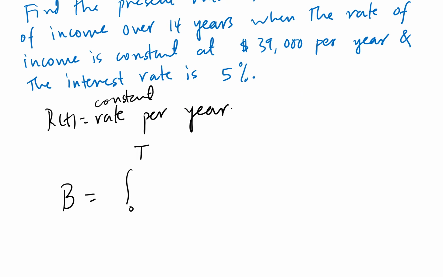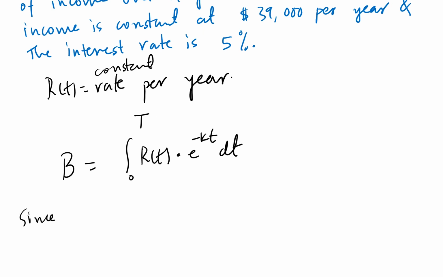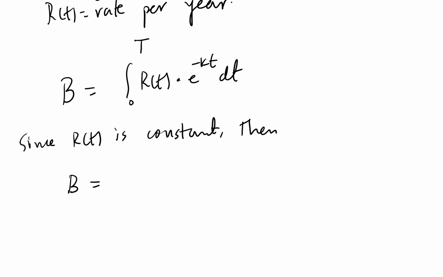If you want to do the integral from 0 to T of r of t times e to the negative kt dt, that's just the formula integral wise, but since r of t is constant, we can move ahead and calculate B using r of t over k times 1 minus e to the negative kt.